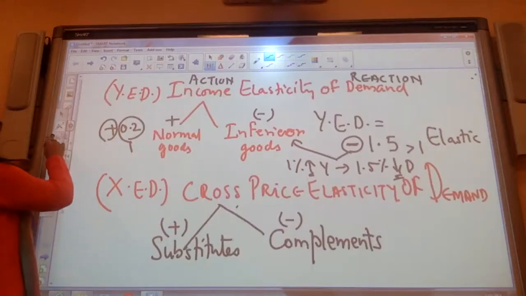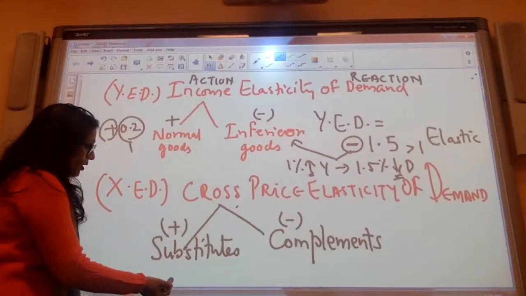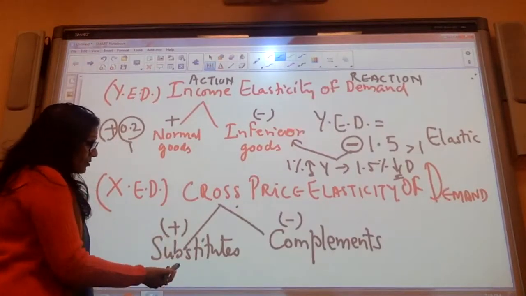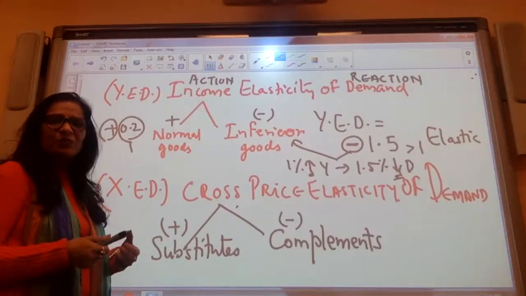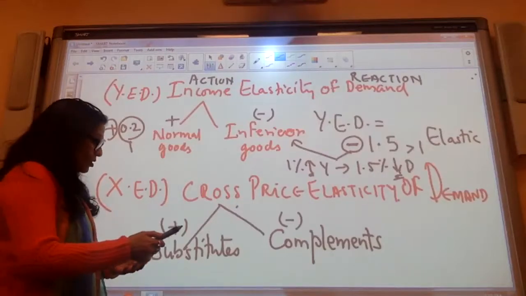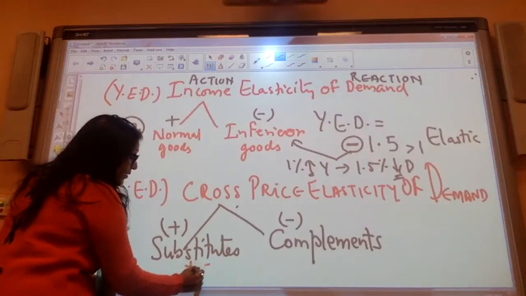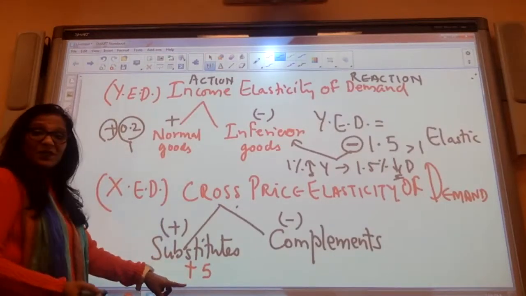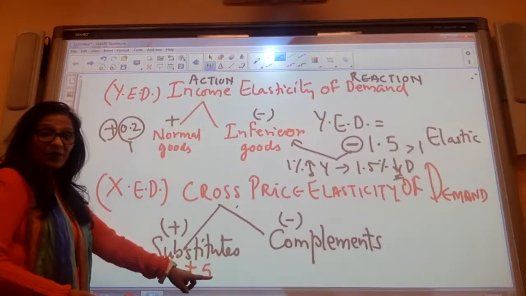On the same lines, you can look at the idea of substitutes and complements. If I think of Coke and Pepsi, the elasticity is likely to be very high between the two because they are very close substitutes. So if the elasticity is to the tune of plus 5, you can say a 1% change in the price of Coke could mean a 5% change in the demand for Pepsi.